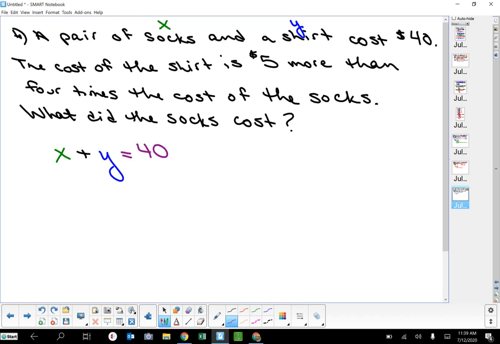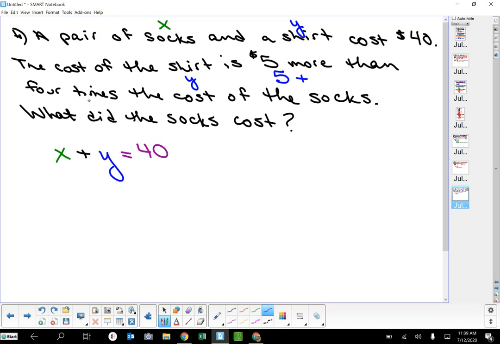I'm just trying to color code for you here. All right, now it says the cost of the shirt is $5 more than 4 times the cost of the socks. So the cost of the shirt is Y, is $5 more than 4 times the cost of the socks.